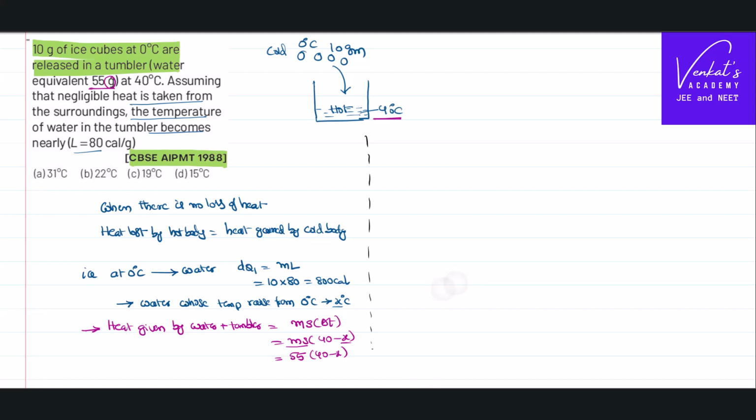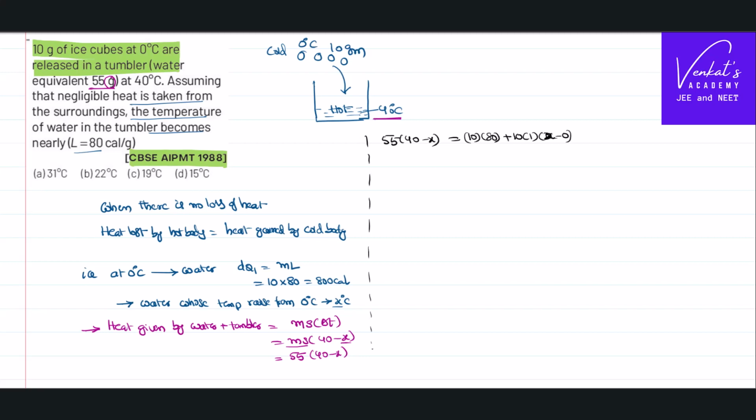Heat lost by the hot body is 55 into 40 minus x. Heat gained by the cold body is mass of the ice into latent heat of the ice, plus mass of the water that is converted from the ice, specific heat of water is 1, delta T is from 0 to x, so x.